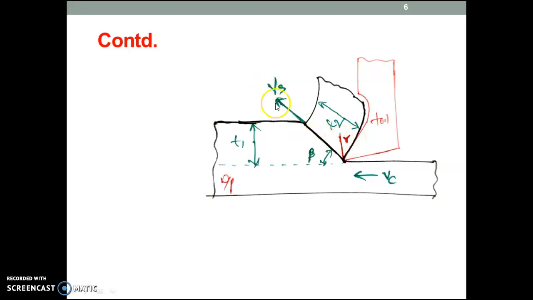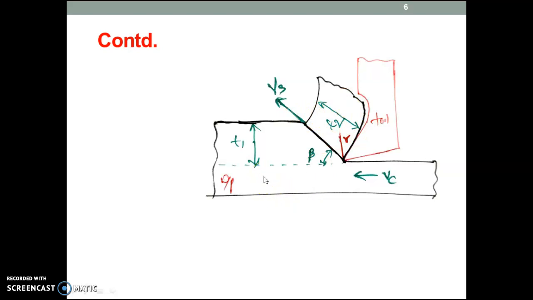This one is VS, the shear velocity, the velocity of the chip with respect to the workpiece. Velocity of the tool with respect to the workpiece is VC. Velocity of the chip with respect to the tool is VF. We will see in future what VF is and how VF, VS and VC are related.